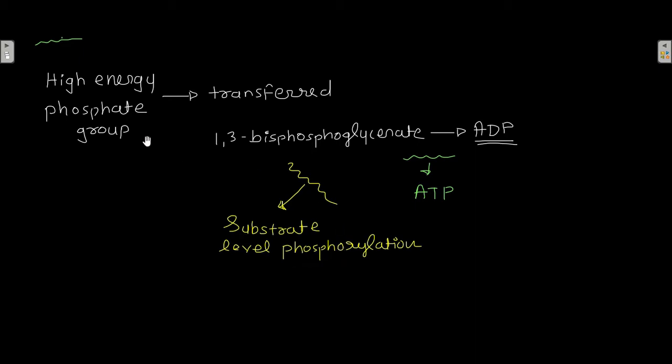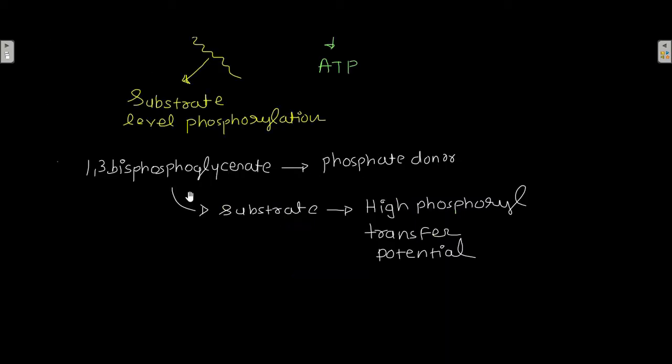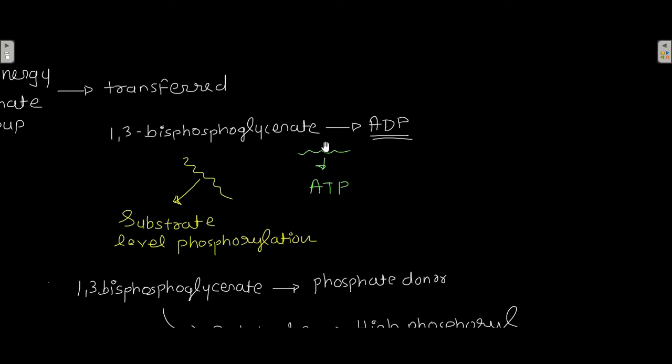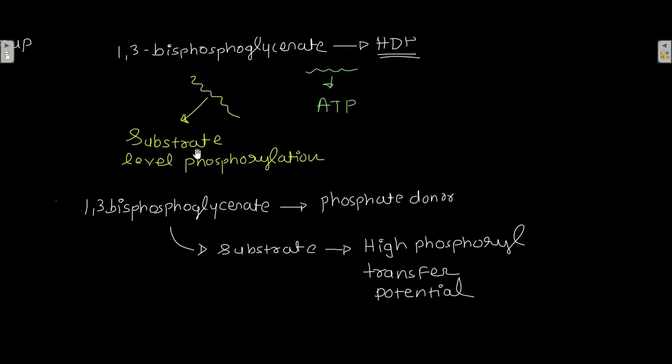When the high energy phosphate group is transferred from 1,3-bisphosphoglycerate to ADP, ADP gets converted into ATP, and this is known as substrate level phosphorylation.